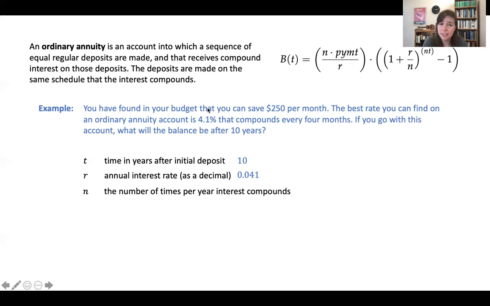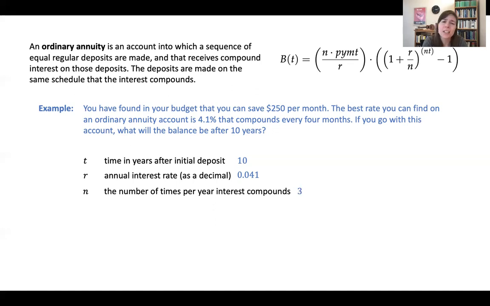But in this case, N isn't 12 because it's not compounding monthly, it's compounding every 4 months. Then I see students tempted to say maybe 4. But no, if it's compounding every 4 months, 4 months is 1/3 of a year. And so it's compounding 3 times a year. So our N is 3.